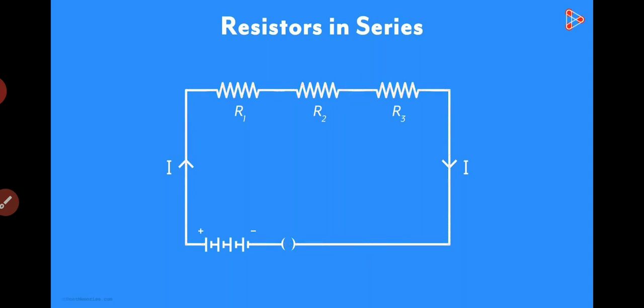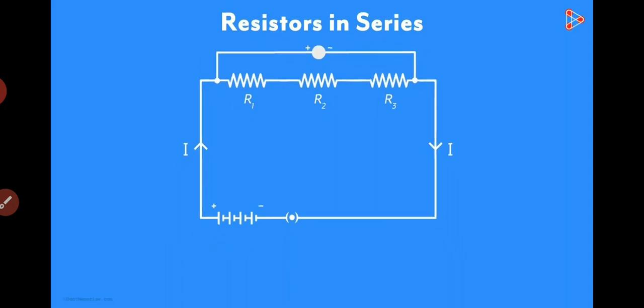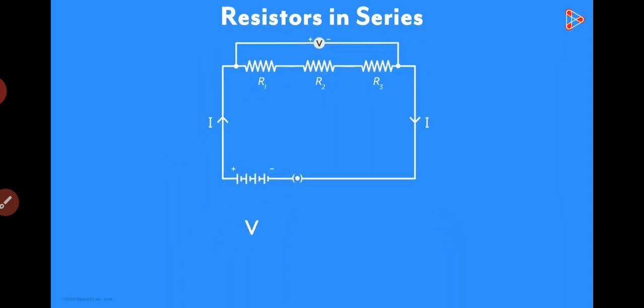Now let's remove the ammeters which are between the resistors and try out something else. Insert a voltmeter across the start of the first resistor and the end of the third resistor. Now plug the key and note the potential difference across the resistors. Let's say it's V volts. Now take out the plug key and disconnect the voltmeter. Now we insert 3 voltmeters in the circuit, one across each of the resistors.